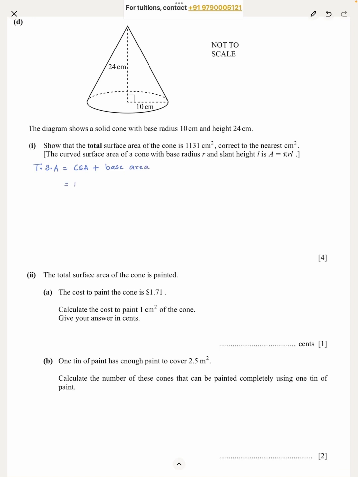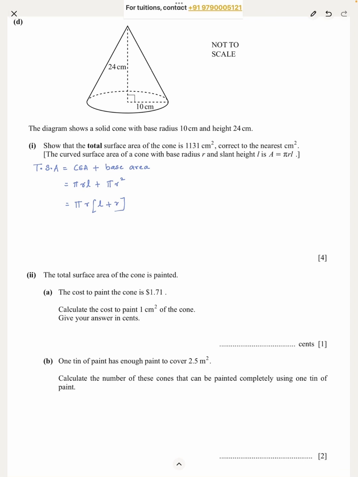CSA is pi RL and base being a circle, it is pi r square. We can take out the common things. One pi we can pull out, one r can be taken out, and it becomes L plus r.